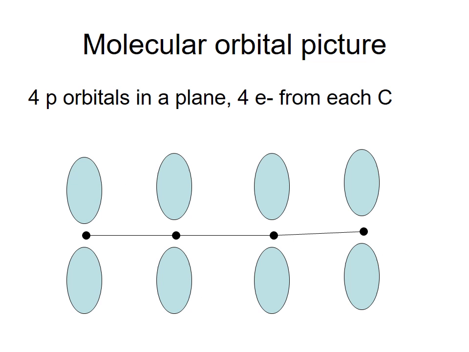So if you line it all up, you would see these p orbitals all lined up together, and because they can overlap side to side all the way through, they act as one orbital system. It's not one orbital, but one orbital system. So there are 4 p orbitals and 4 electrons, 1 from each carbon.